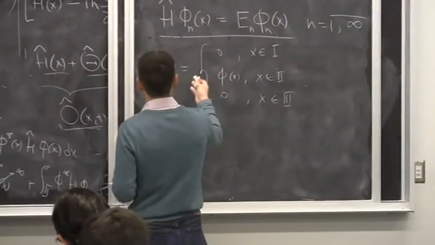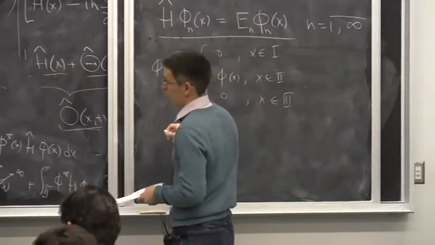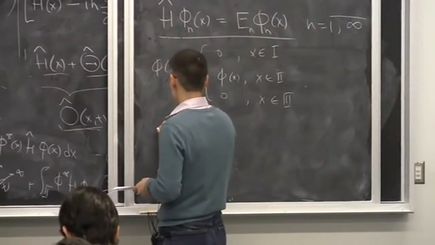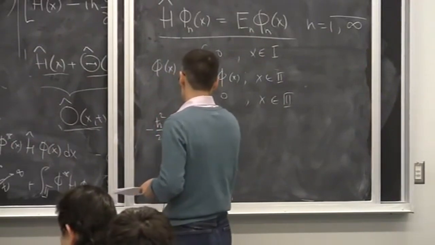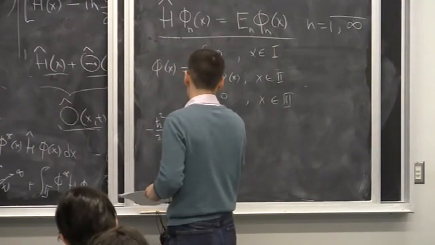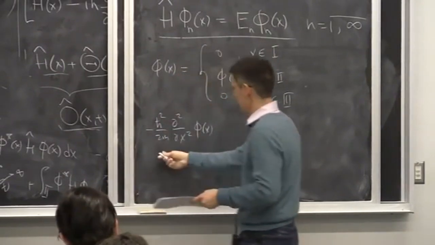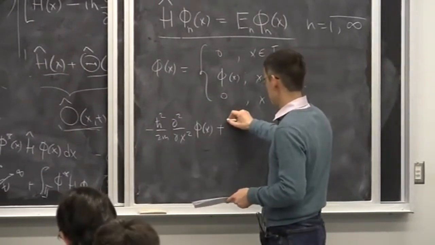Now let's write down the differential equation for the second region. So the differential equation will be of the second order. This is the kinetic energy acting on the wave function plus potential energy.